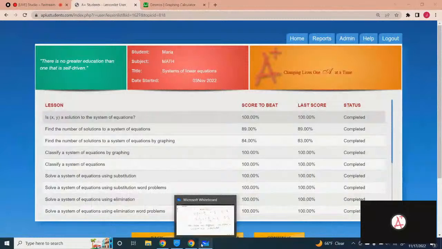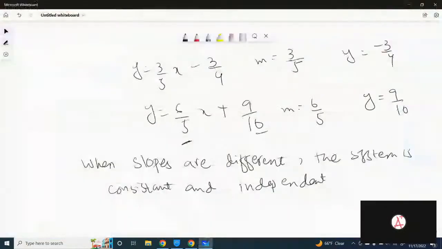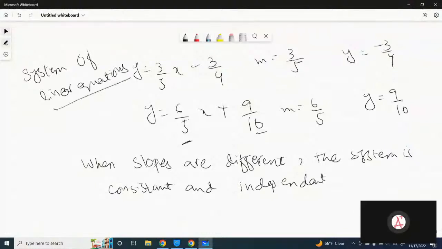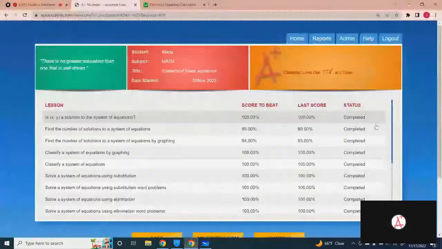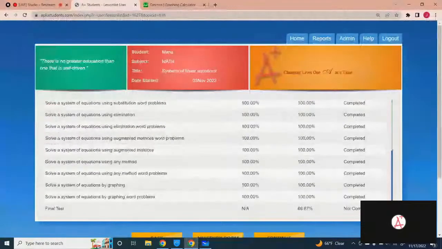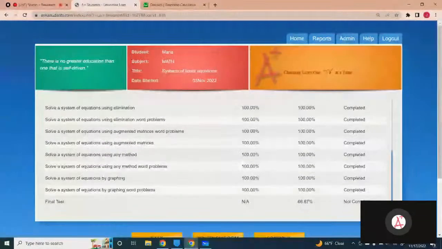We are working on the chapter System of Linear Equations, and we have done 3 of the topics today. The topics are system of equations by graphing, system of equations by graphing word problems, and final test.